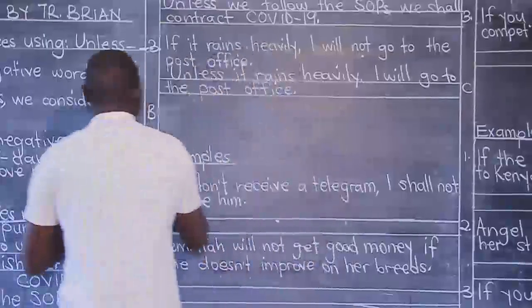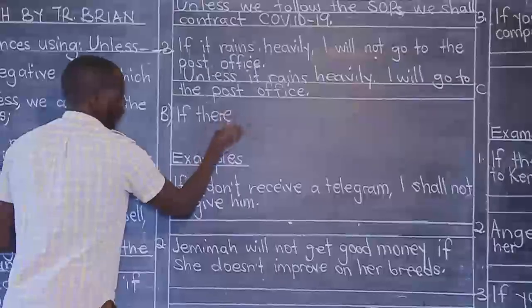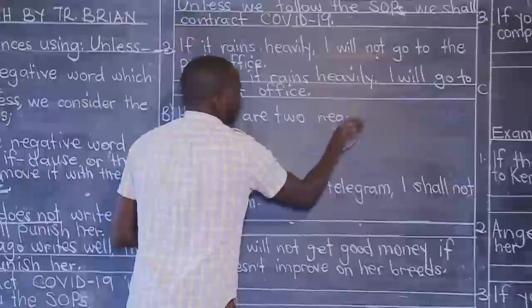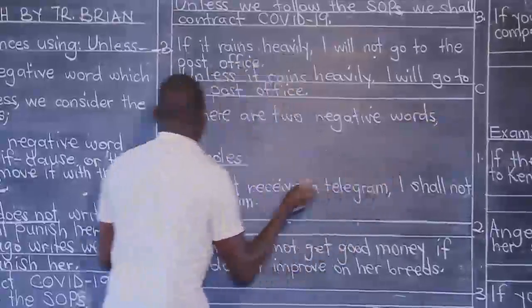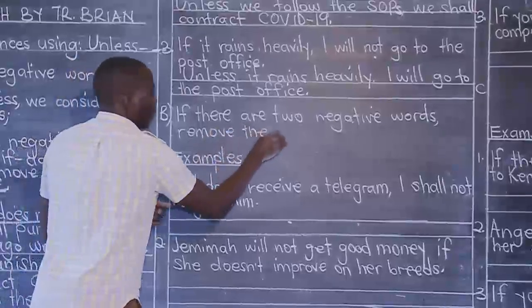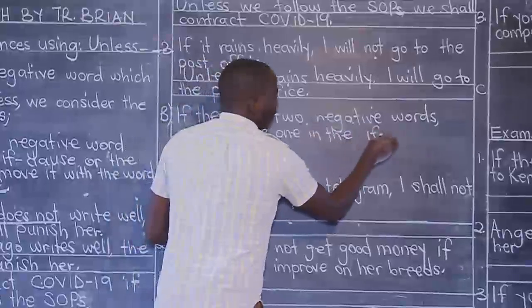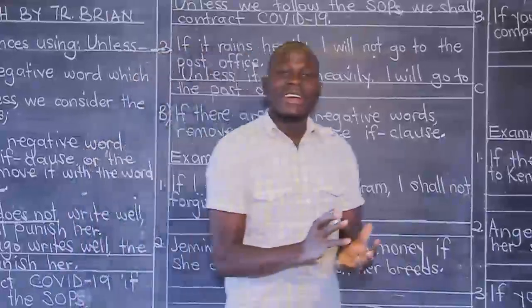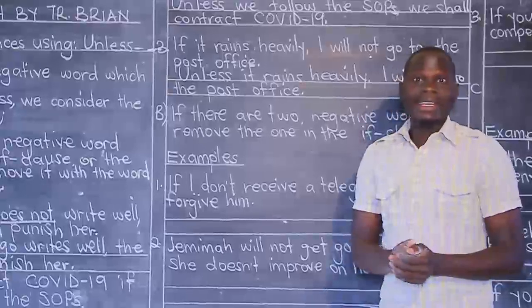We are saying if there are 2 negative words, remove the one in the if clause. Now, why do we remove the one in the if clause? Because we know that the word if will be replaced by unless, which is negative. Then we leave the other one in the main clause.